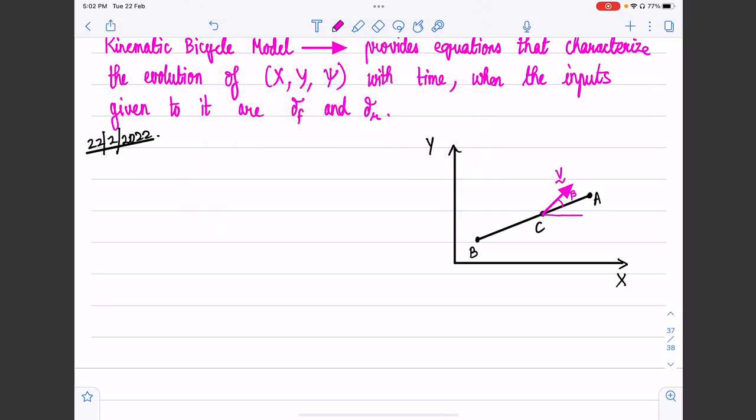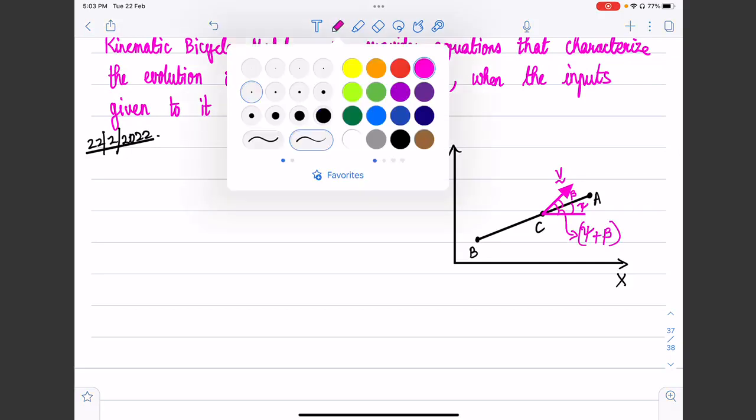And the angle which the longitudinal axis of the vehicle makes with the capital X axis, or the global X axis, is the heading angle psi. So the angle made by the velocity vector V with the global x-axis is going to be psi plus beta. I'm sure all of us can immediately identify this.